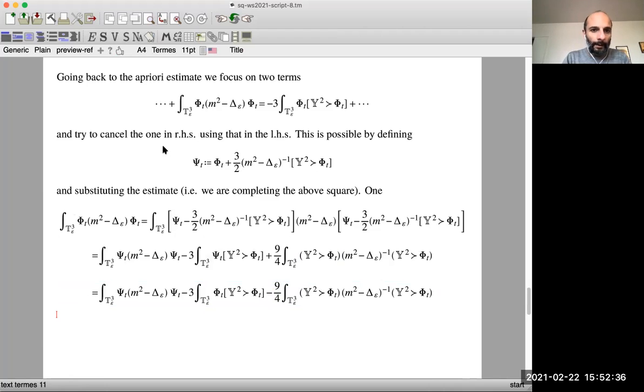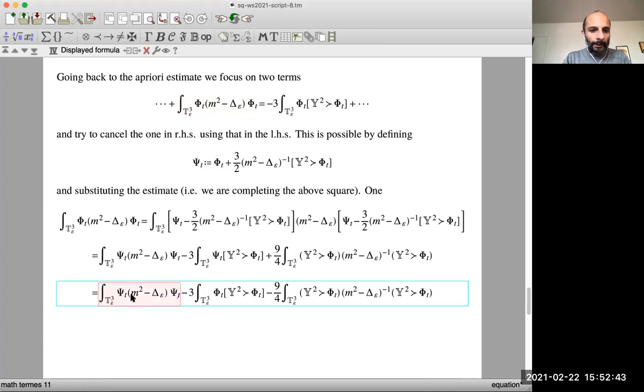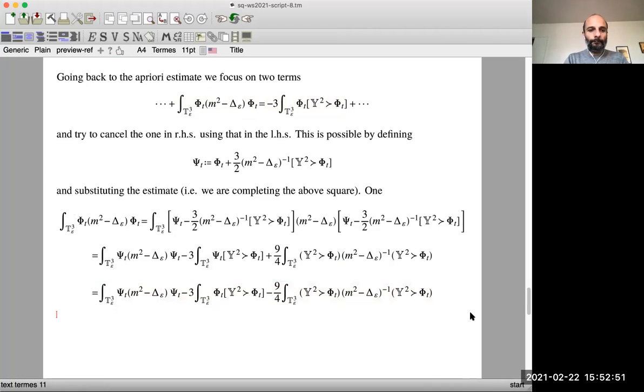So you see that these terms which appear in the estimate generate another term like that, but with the psi, not the phi, and then this term, which cancels exactly that one, and an additional term, okay? So now our a priori estimate reads, so let me write it down because it's important.